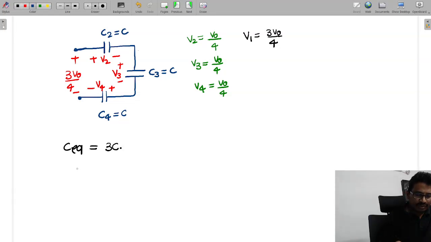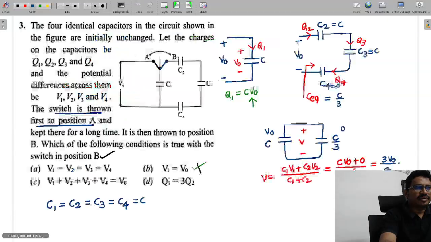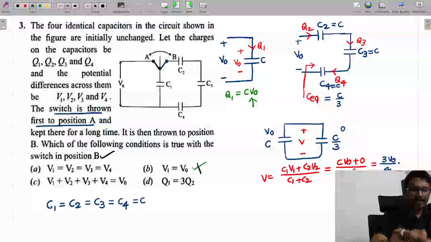Now if we talk about the charges here, what is Q? Q is equal to C into V. So now you can find these values from this charge. It should be given as what? Tell me. C V0.